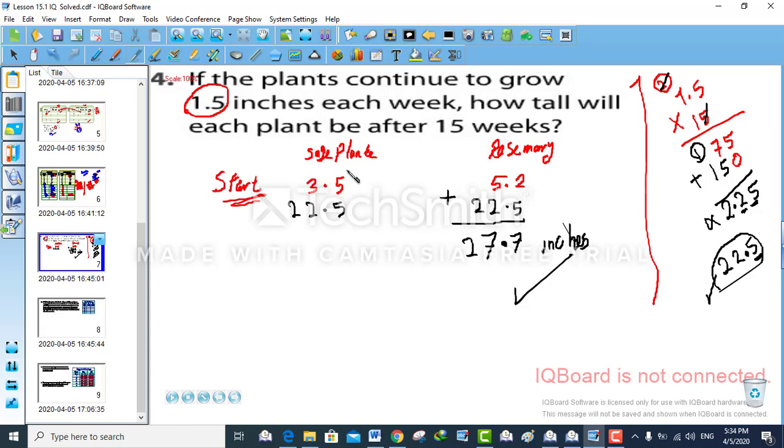Now the other one, 3.5 plus 22.5, 5 and 5 is 10, carry up 1, 1 and plus 3 is 4, 4 and 2 is 6, don't forget the decimal. Now 2 and nothing is the same 2, so it's 26.0 or 26 inches for the sage plant.